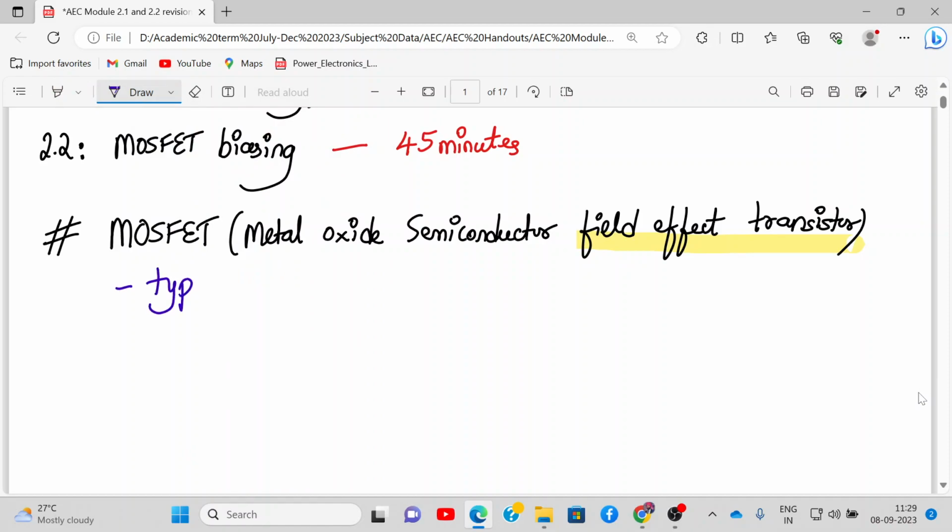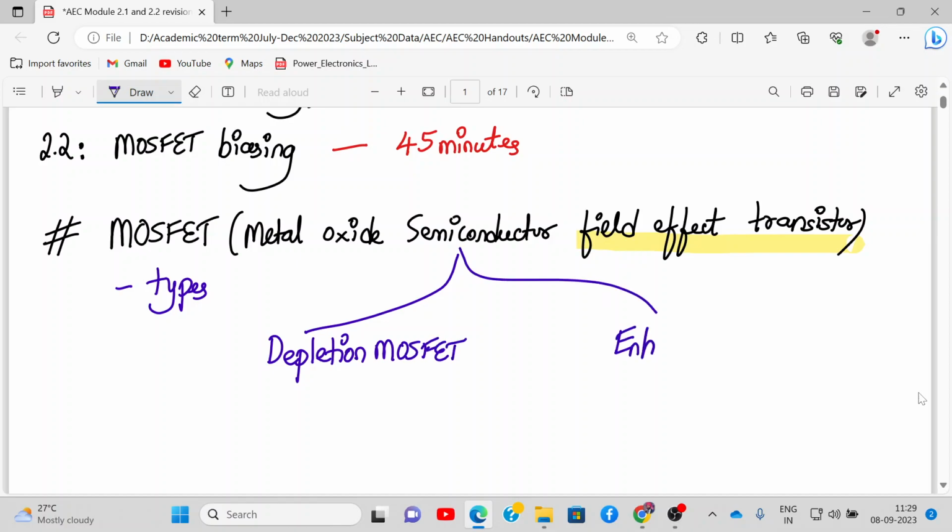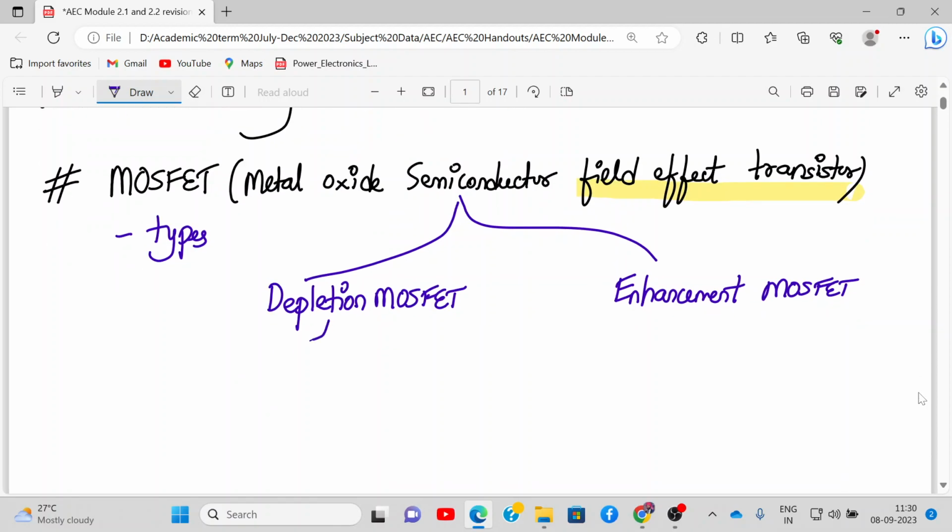So it can be classified into depletion type MOSFET and enhancement type MOSFET. In the short form we write D type and E type. Under depletion type we can have NMOS, N channel MOSFET D type, and P channel MOSFET D type.